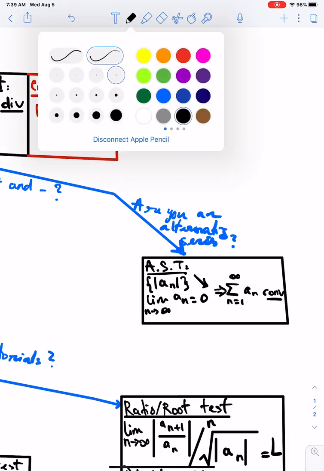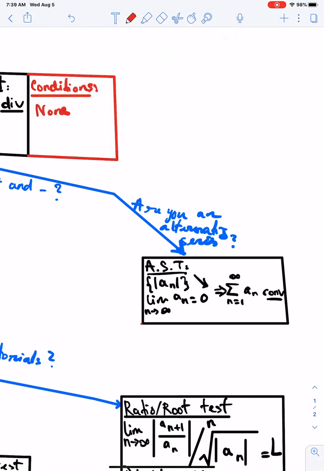So what's the condition? Well, you need to be an alternating series, right? If you're not an alternating series, then you're not going to do this test. So it's kind of obvious. So conditions. You have to have the form of something like (-1)^(n-1) c_n, right?